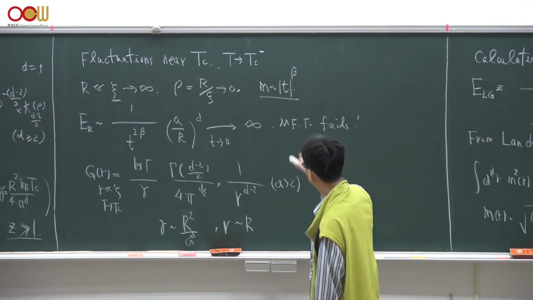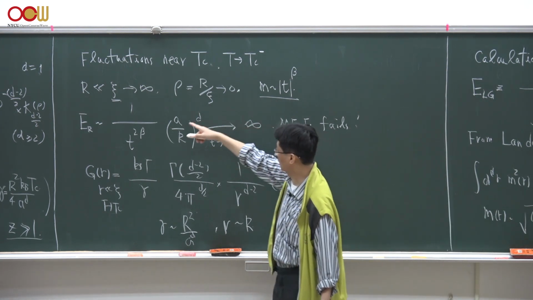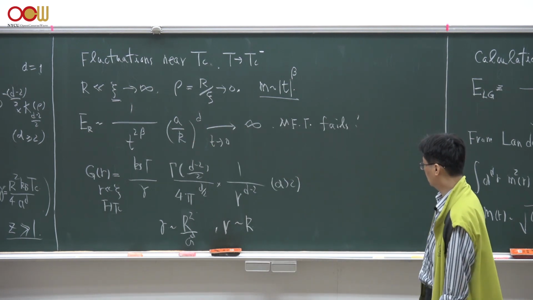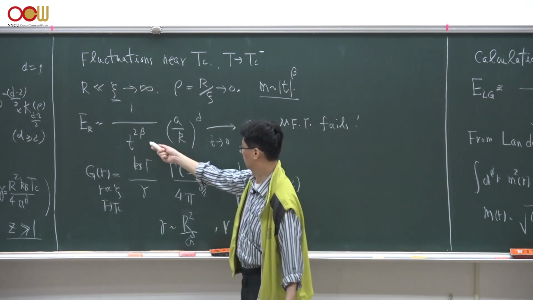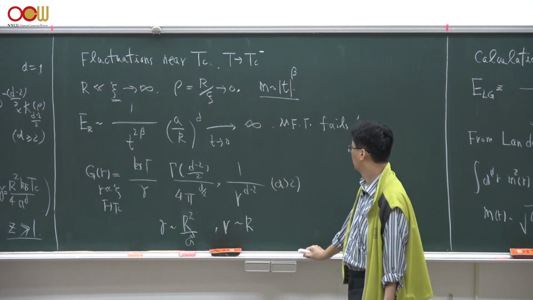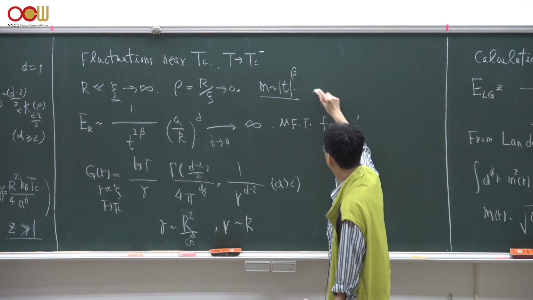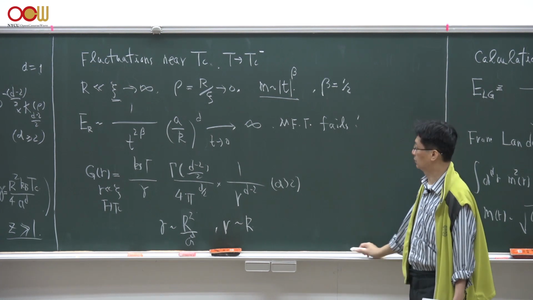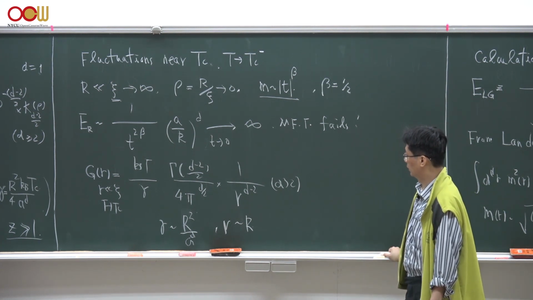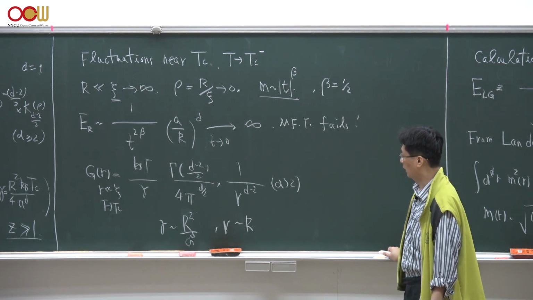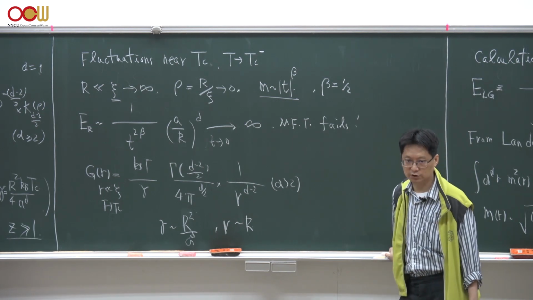We simply plug in this asymptotic behavior of the correlation function and the magnetization, and we get 1 over t to the power of 2 beta. And we know that beta is 1/2 for the Ising mean field theory, and therefore when little t goes to 0, with the temperature close to Tc, this error bar diverges.